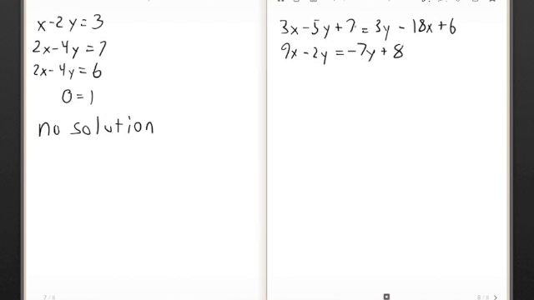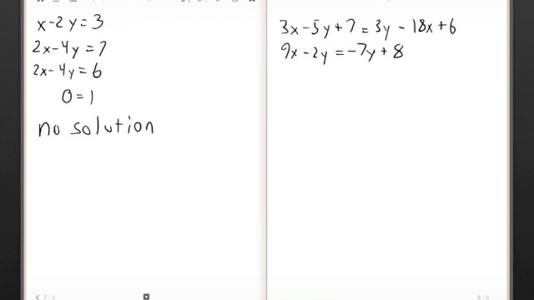So, in order to combine equations here using this method, you have to have both equations in the same form. The easiest form is the form we've been using, the standard form. X's plus y's equals a number. So let's do that to both equations.